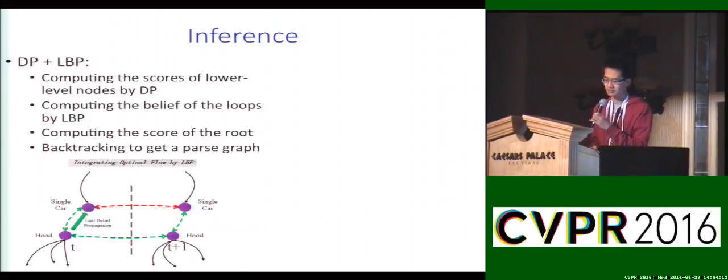Basically, it will first compute the scores of the lower nodes in our model by dynamic programming. Then it will compute the beliefs of the loops in the model structure. And the figure at the bottom shows the loops. After the belief has converged, we continue computing the score of the root node. And then we will backtrack the SDLG to get a path graph.